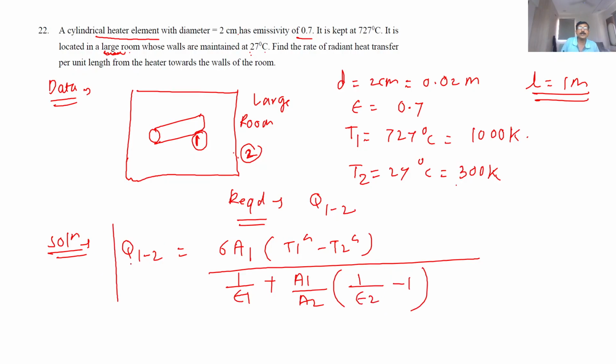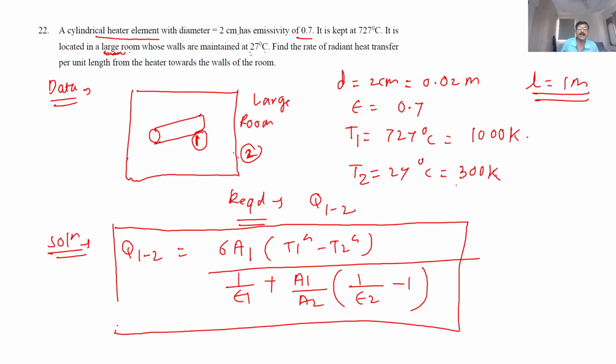This is the new formula. Why new? Because this is not a case of flat parallel plates in front of each other. It is a case of one body enclosed in another body, so we need to use this new formula.